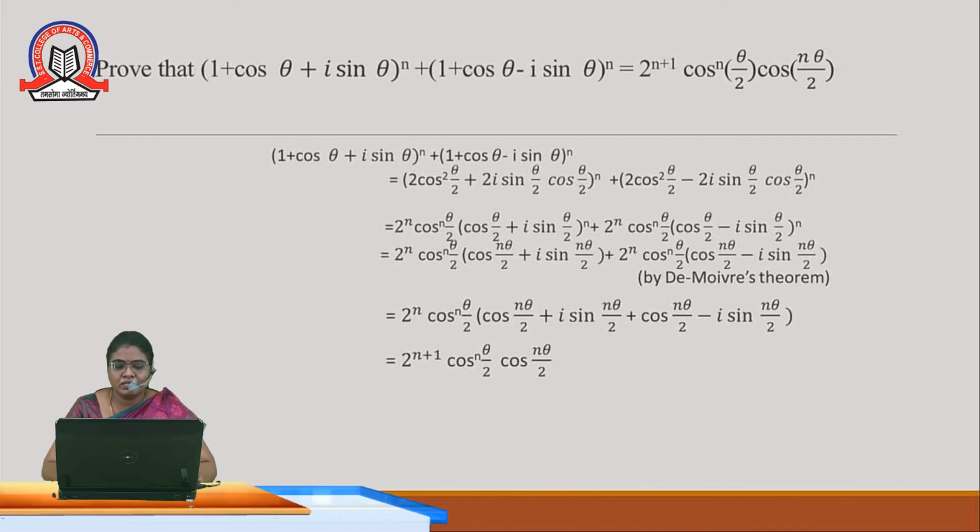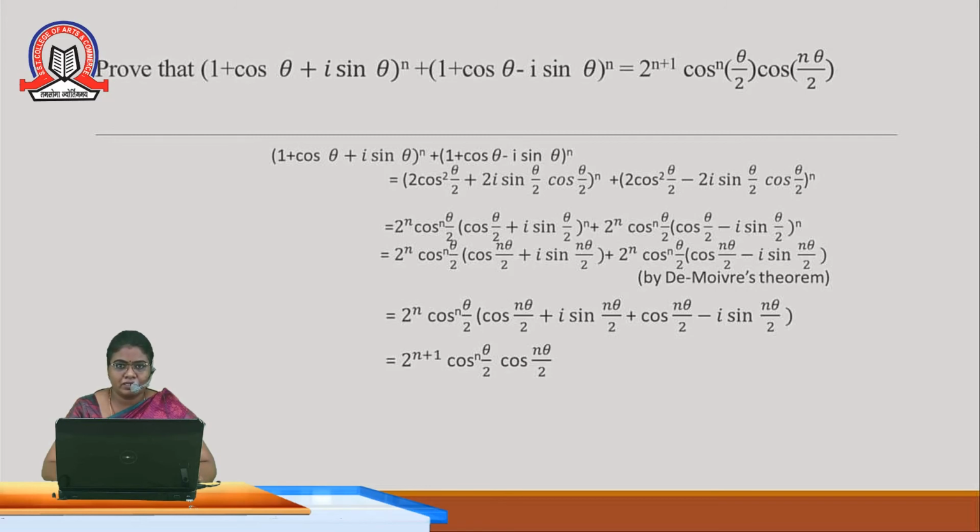We have noted the formula: 1 plus cos 2 theta upon 2 equal to cos square theta. In the place of theta, we substitute theta by 2. Then we will get 1 plus cos theta equal to 2 cos square theta by 2. Similarly, sin 2 theta equals 2 sin theta cos theta.